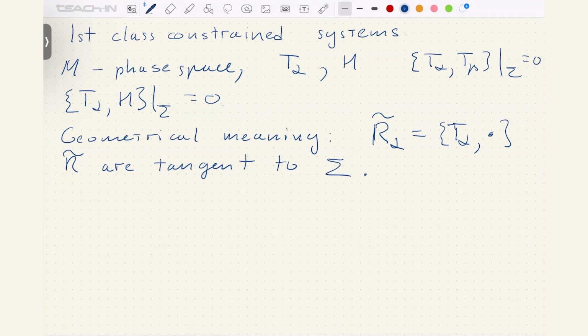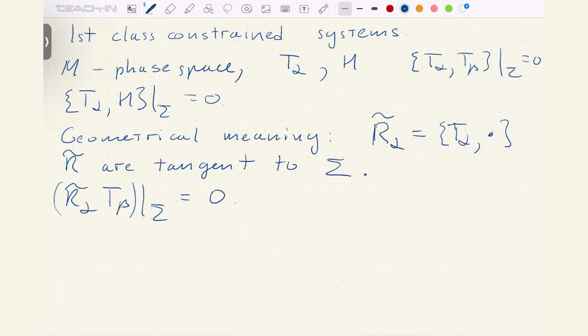Why is it so? Because R twiddle alpha acting on T beta, so on a function vanishing on sigma, again vanishes on sigma, right? So what is the meaning of a vector field? It's like a direction at each point.